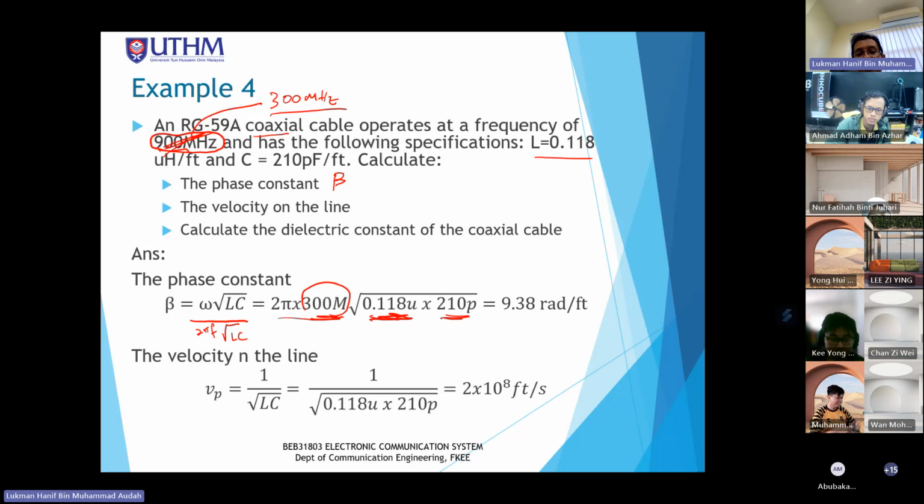The L and C reactance parameters are given in terms of length, so our answer should be in terms of the same length. Therefore, in this case, we're going to get 9.38 radians per feet. Since we use per feet in the values, the answer is also in terms of feet.